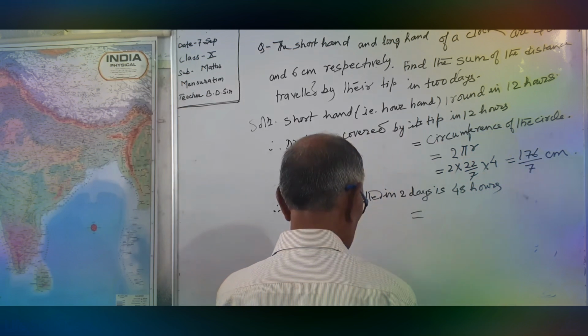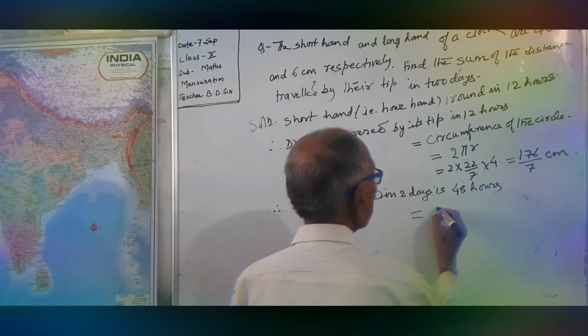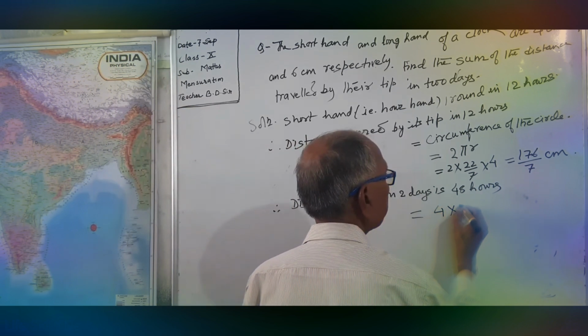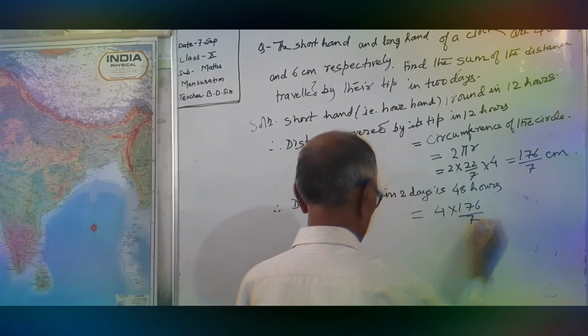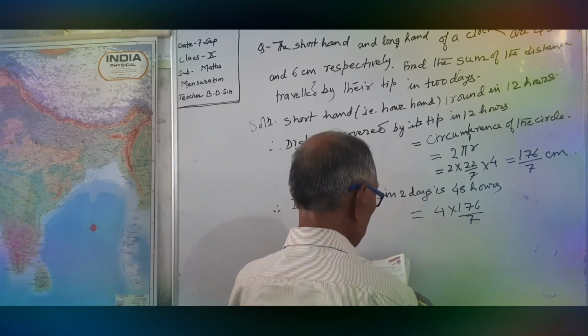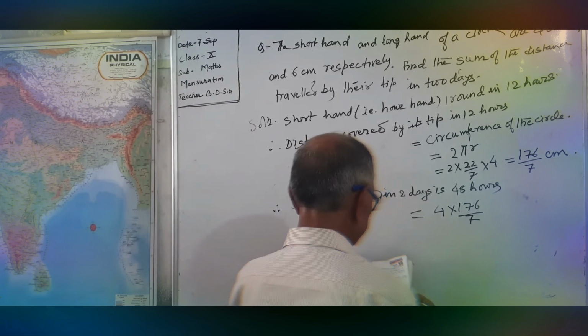So 24 means 4 times. 4 into 176/7 centimeter.